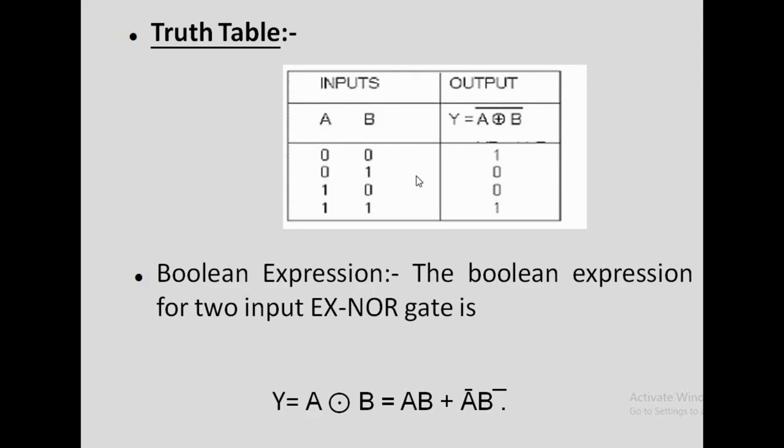It is a complement of XOR gate. So when an even number of inputs are high, then output is 1. The Boolean expression for XNOR gate is A XNOR B. This symbol indicates the XNOR operation. Or another equation is AB plus A bar B bar.